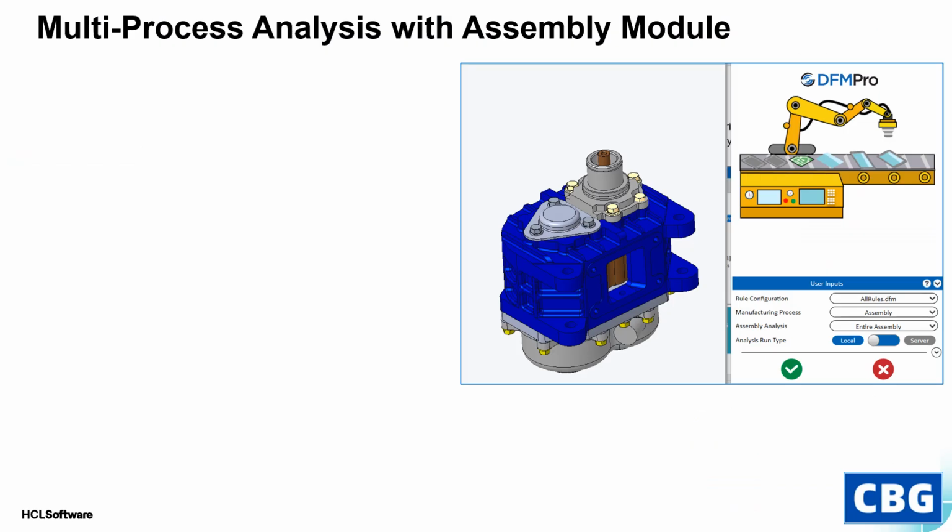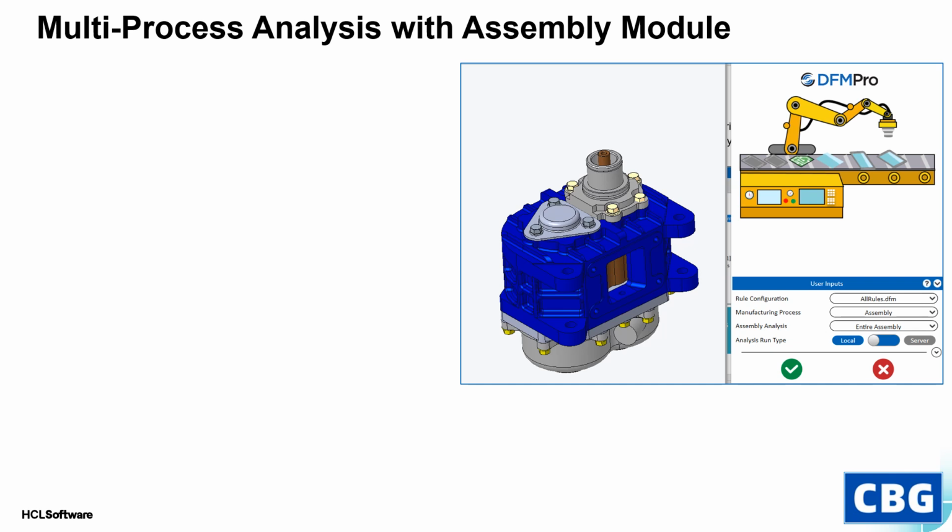What was mentioned in the previous slide about different modules being checked simultaneously during the analysis is now applicable for assembly module too. With this particular enhancement, all checks applicable for an assembly, also including tubing and welding processes, can be executed in a single run, and all the analysis results can be reviewed together.